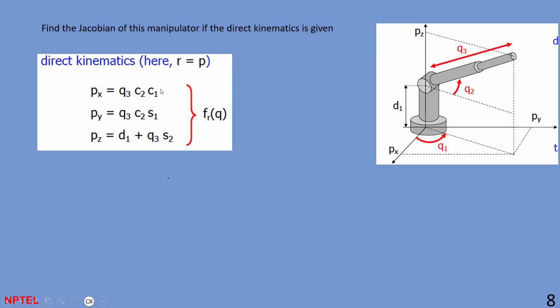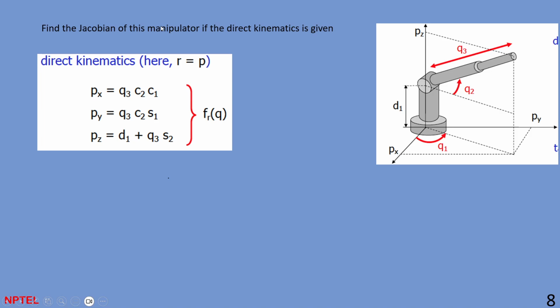What is q3 here? q3 is basically b, and c2 is cos q2, and c1 is cos theta 1 or q1. Then there is a d1 term. So this is given to you, and you need to find the Jacobian of the manipulator.